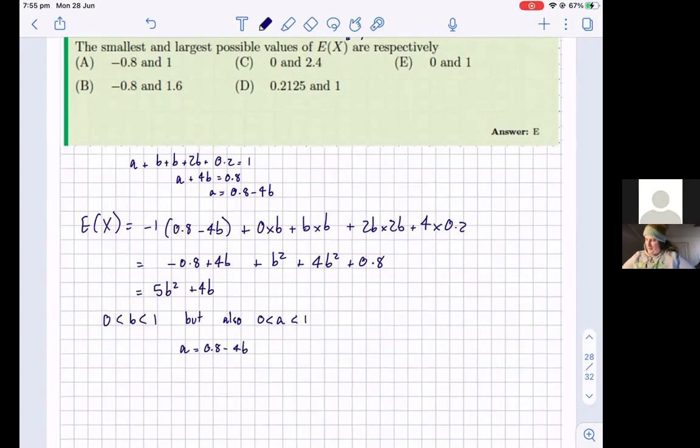So A realistically tops out at 0.8. When A is 0.8, B is 0. When A is 0, 0 equals 0.8 take 4B.